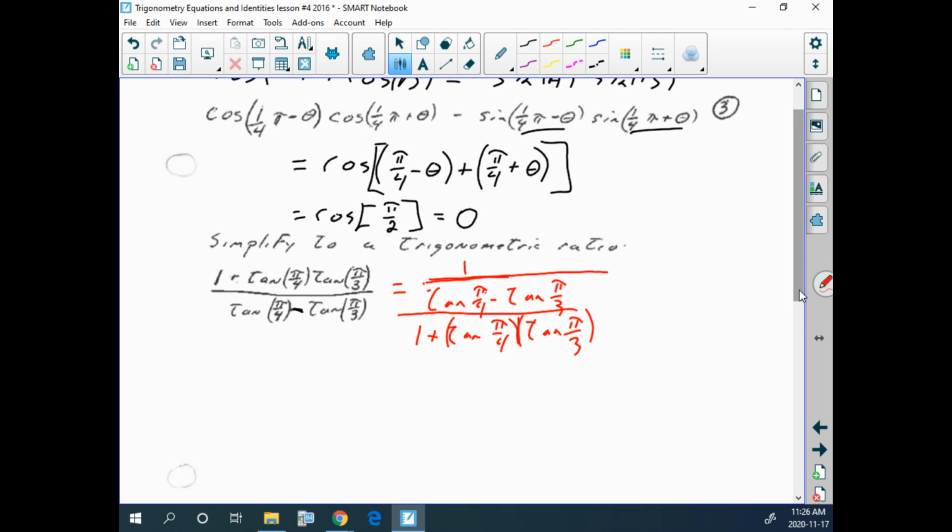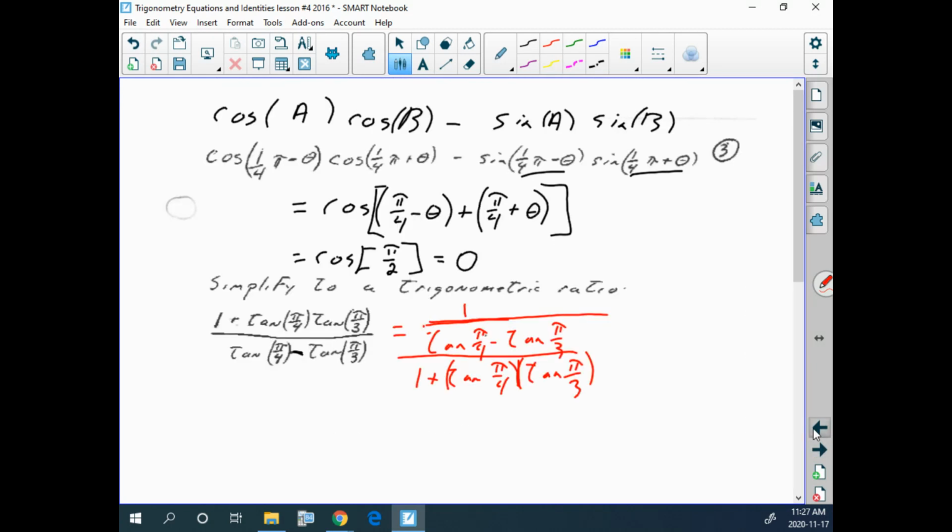I flip it. Now I've got tan of an angle minus tan of an angle over 1 plus tan of an angle times tan of an angle. We'll go back there in a minute.